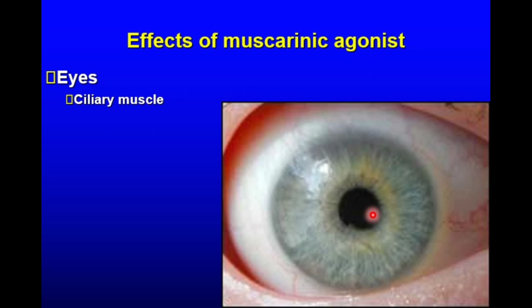The ciliary muscle is a ring of smooth muscle. The lens is suspended at the center of the ring by means of ligaments. Acetylcholine evokes ciliary muscle contraction and the eye's accommodation is adjusted for near vision.